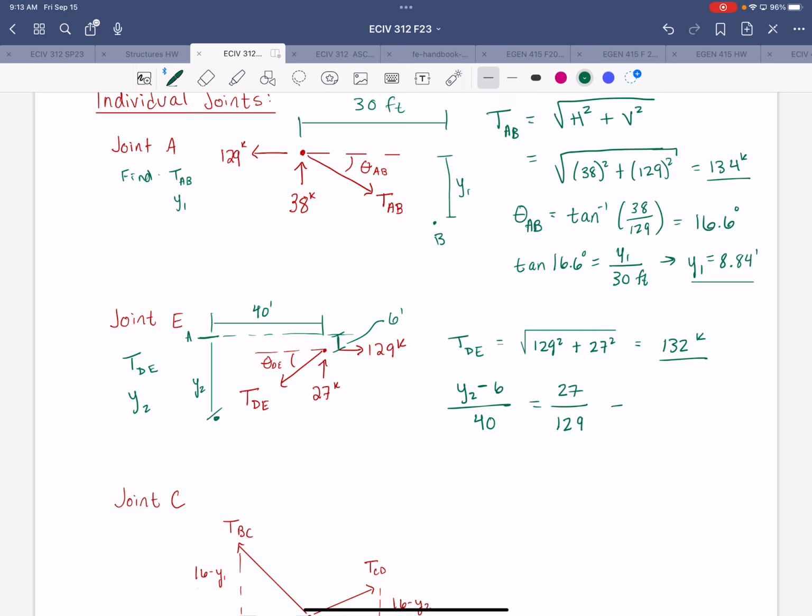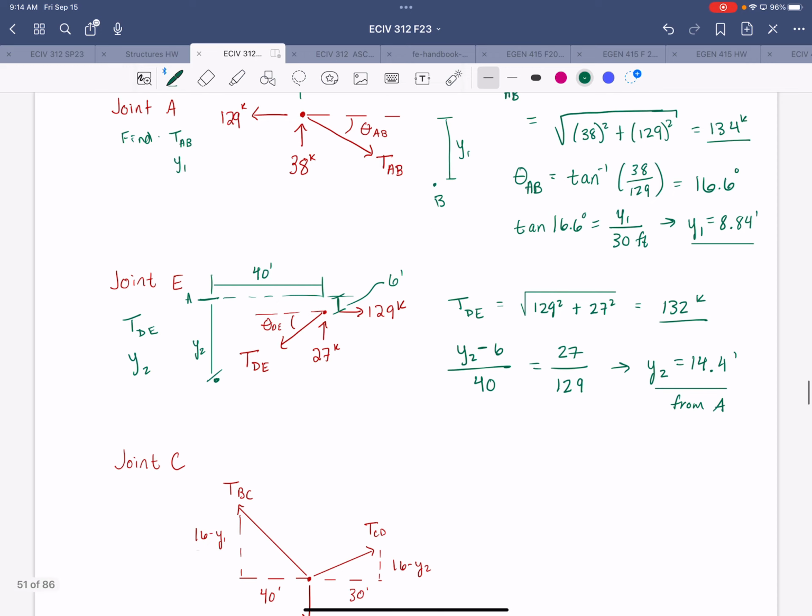So we can then solve for Y2 without even finding the angle. And that's my preferred approach. And this, again, is measured from A. But feel free to take whatever path you like to get there.